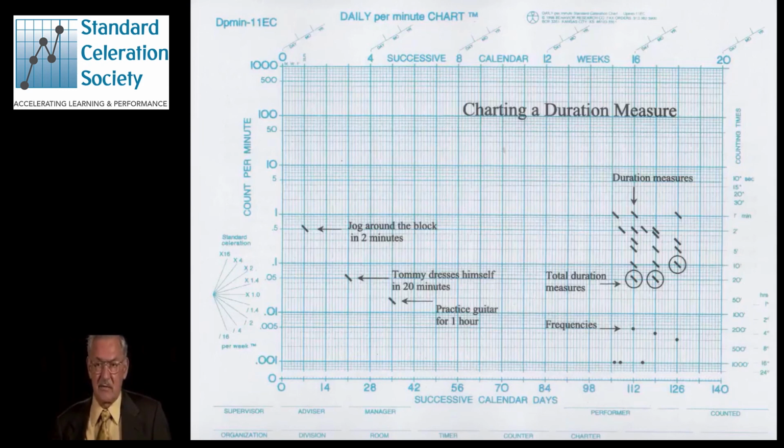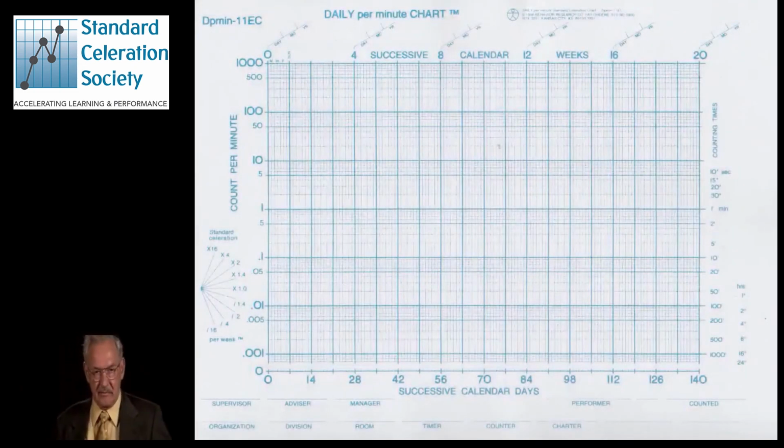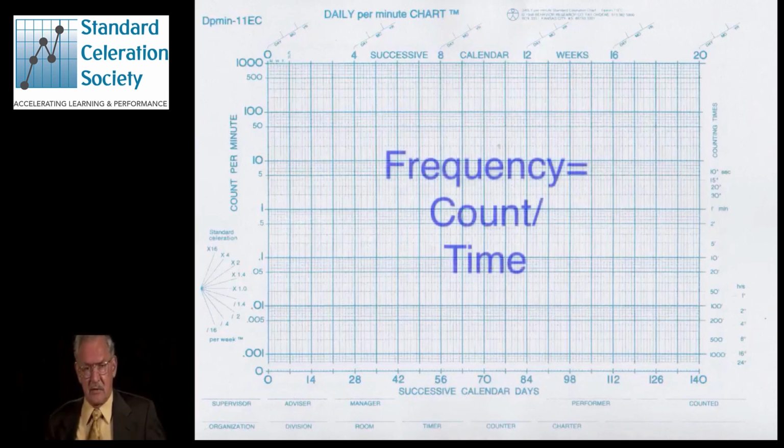And again, many people find these particularly useful in some situations, particularly various therapeutic situations. We have now put in place some of the procedures necessary to produce a simplified method of charting. Frequency is count over time.